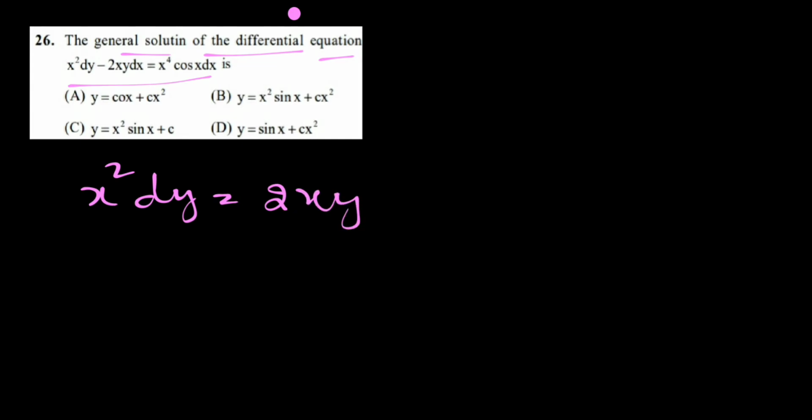Next, problem number 26. The general solution of the differential equation is, here the dx terms total, one side I'll make it, that is equal to 2xy dx plus x power 4 cos x dx.